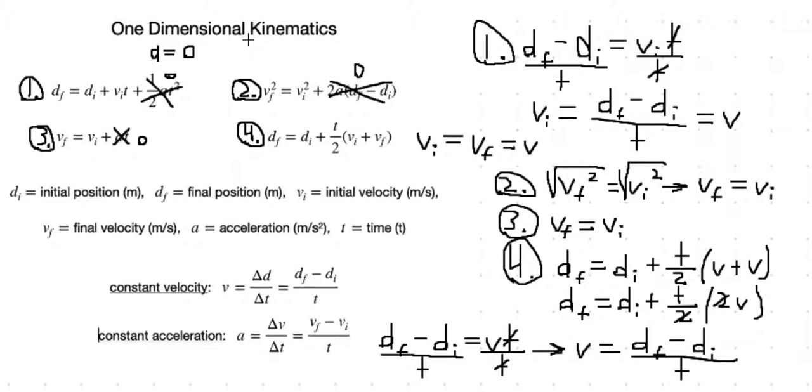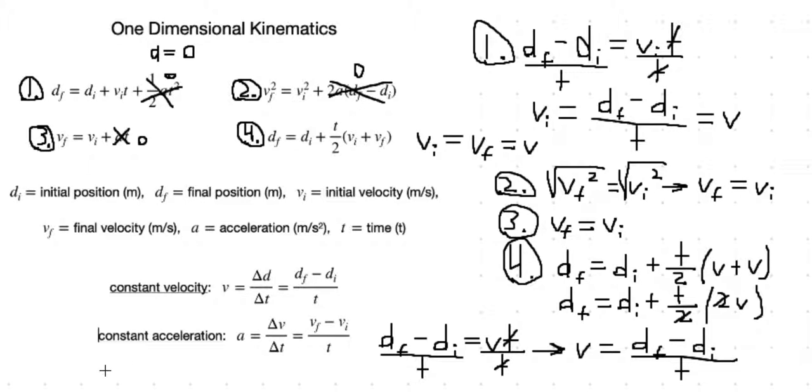So basically, if we set acceleration equals 0 in the kinematic equations, they all reduce to constant velocity. So they're either going to be in the form for the constant velocity equation here, or you're going to get vi is equal to vf. And then if we look at this constant acceleration equation, we know that vi is equal to vf. So if we subtract those two from each other, we're going to get 0 in the numerator.